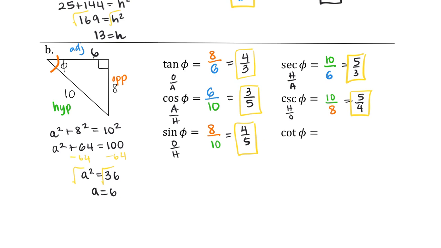Okay, cotangent is the reciprocal of tangent. So instead of O over A, it's A over O. A is 6, O is 8. If I simplify it, I get 3/4. Or I could have said cotangent is the reciprocal of tangent. My answer for tangent was 4 over 3, so if I flip it, I get 3 over 4.